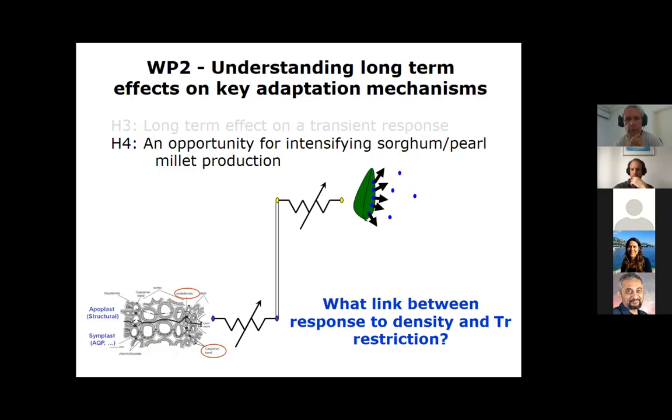So in the context of two crops, pearl millet and sorghum, that tend to be grown more and more at higher density in the Sahel, we wanted to look at the link, in relation to water savings, between the density response and the response of transpiration to VPD in the context of an increase in density.